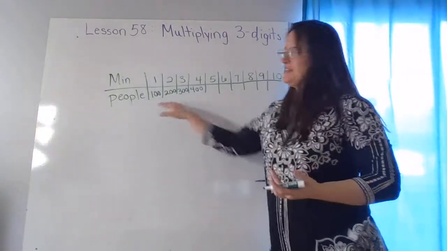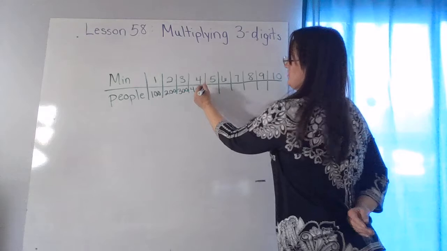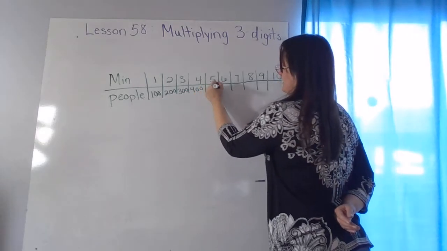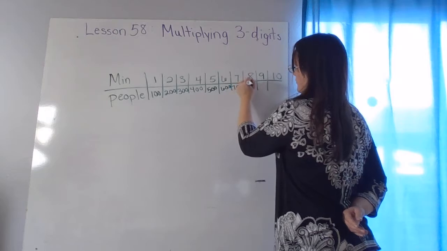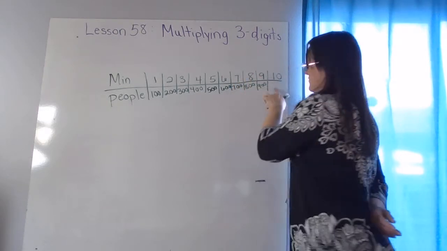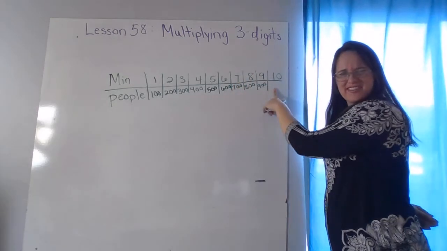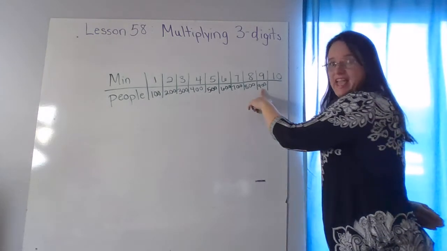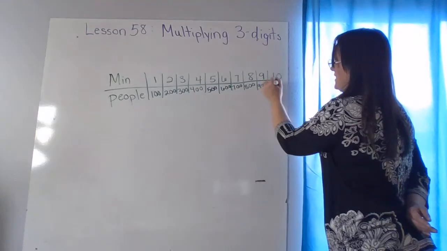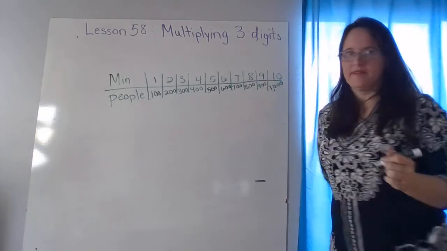Yeah, we're counting by hundreds down here. So 500, 600, 700, 800, 900. Do I say 1000? That doesn't sound right. Right, because after 900, when we add another 100, we get 1000. Okay?